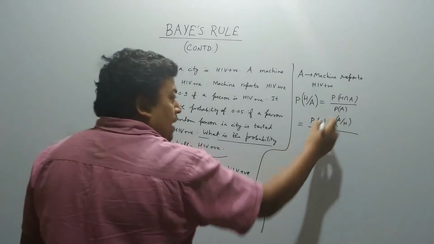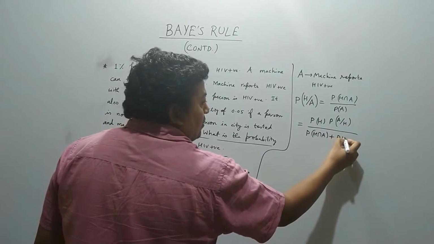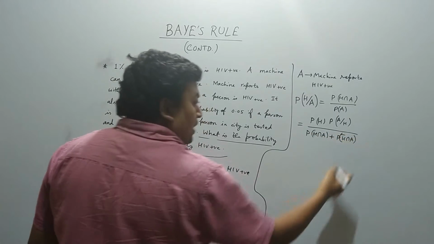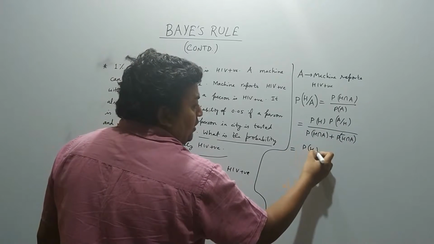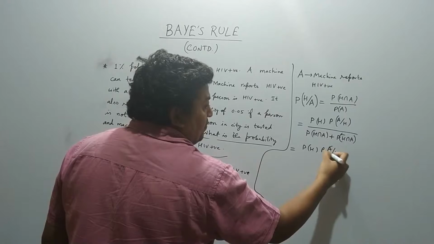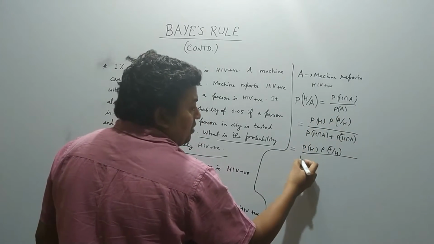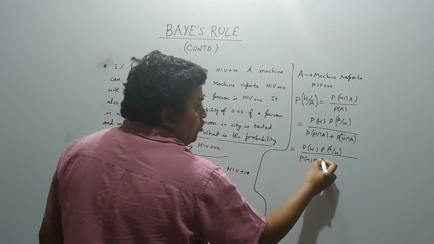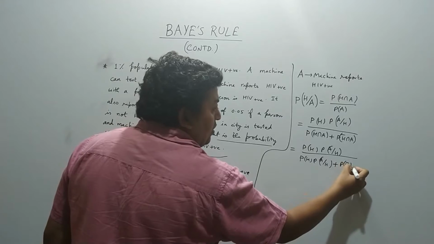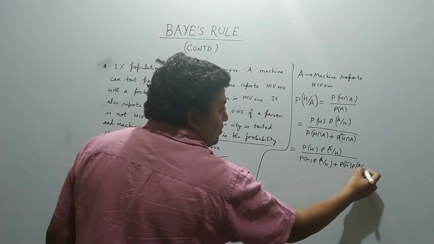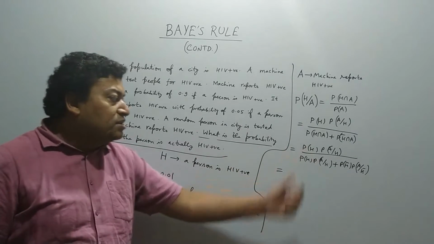And P of A can happen with H and H bar. So P of H into P of A given H will be the numerator as usual, and the denominator will be, again copy the same thing, P of H into P of A given H plus P of H bar into P of A given H bar. Now we can start writing the numbers here.